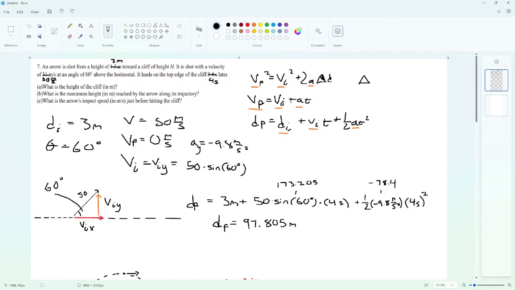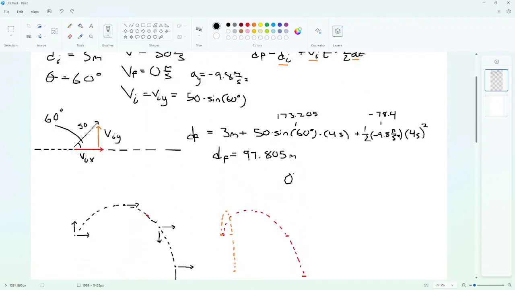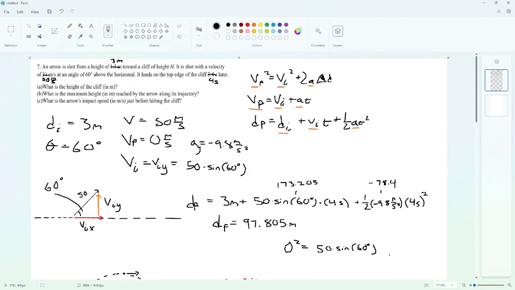I'll go ahead and go with the latter. So final velocity is going to be 0 squared. Our initial velocity is going to be 50 times sine 60 degrees plus 2 times negative 9.8 meters per second squared times our displacement.